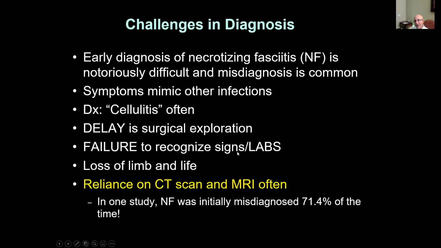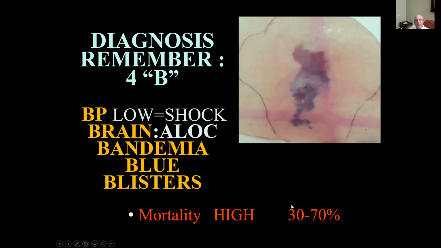Failure to recognize the signs in labs leads to delay in managing this patient that leads to the loss of limb and life. Further, reliance on CT scan and MRI is often utilized to confirm the diagnosis of necrotizing skin infection, which is generally not a good idea and not recommended. In one study, necrotizing skin infection was misdiagnosed in at least 70% of the cases.